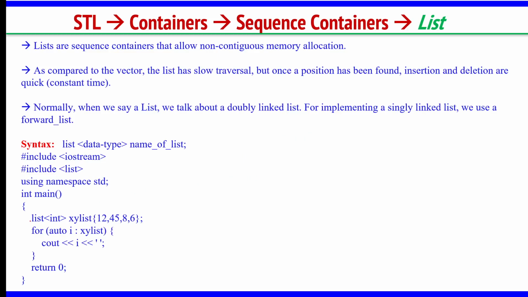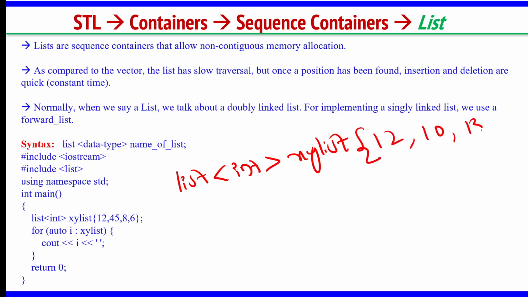I have defined a list of type integer, in the angle brackets I gave that, then I gave the list name as xy, with elements in curly brackets 12, 10, 13, 15, some numbers like this. This is the syntax of declaring, assigning and initializing the list. It means it is a double linked list with these 4 elements 12, 10, 13 and 15.